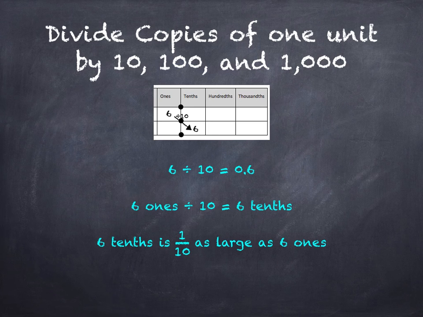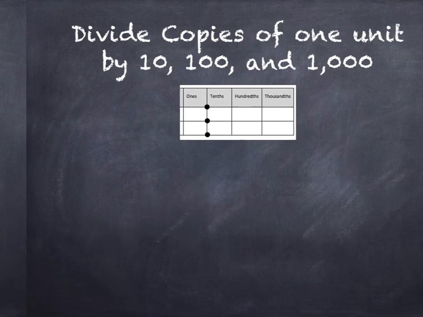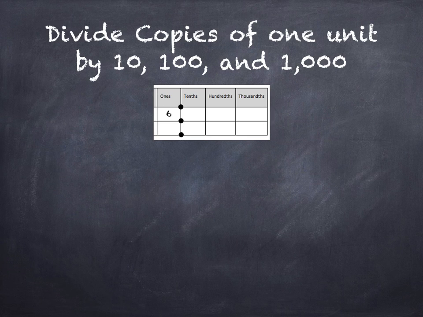Now what happens if I take that same 6 ones, but I divide it by 100? So if we move it 1 place to the right for 10, we could say that we move it 2 places to the right for dividing by 100.